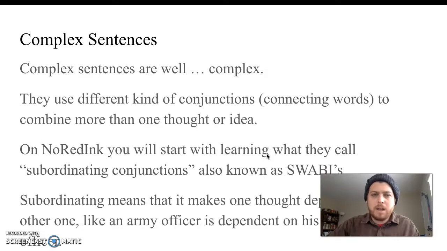Basically, it means that it's taking a sentence and making it subordinate to another. Okay? The analogy is in the Army, an officer is subordinate or dependent on his commanding officer. Without his commanding officer, he can't stand alone. That's what SWABIes or subordinate conjunctions do in a sentence, and this will make more sense to you once I show you an example.